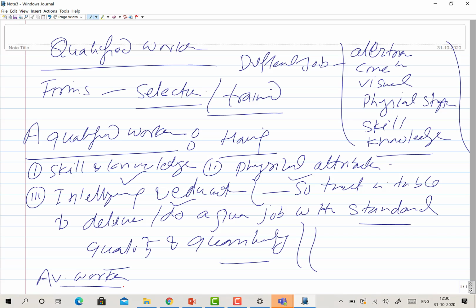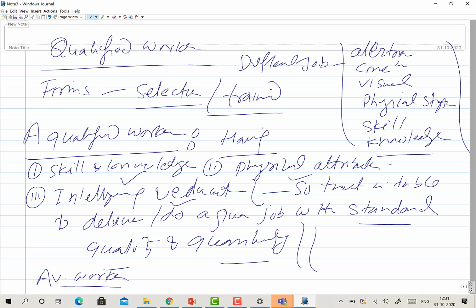There can be a large number of qualified workers, so it is just an idea or concept to have the average worker. So how to identify who can be considered as an average worker, but there may not be any average worker also. So statistically, the average worker kind of term is used just for statistical purposes, okay.